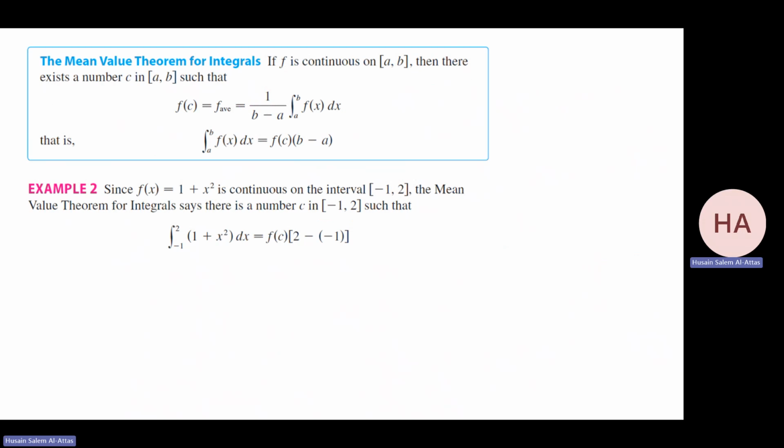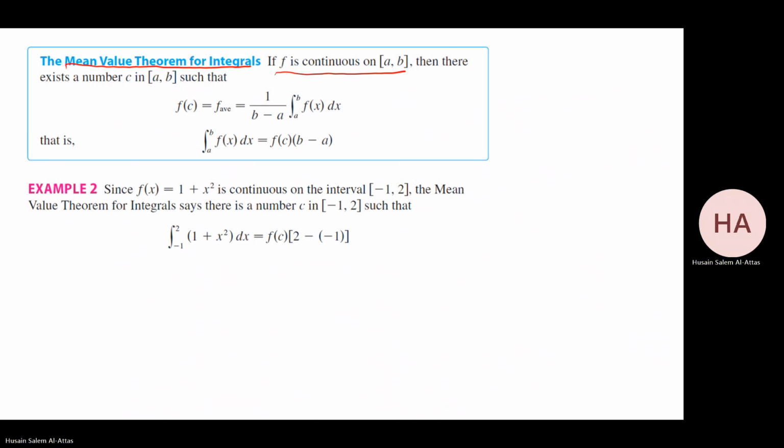Also, we have the mean value theorem for integrals. We did the mean value theorem for derivatives in Math 101. Now we have the mean value theorem for integrals. Look at the statement. What are the conditions? f is continuous in the closed interval. That's it. This is what we need.